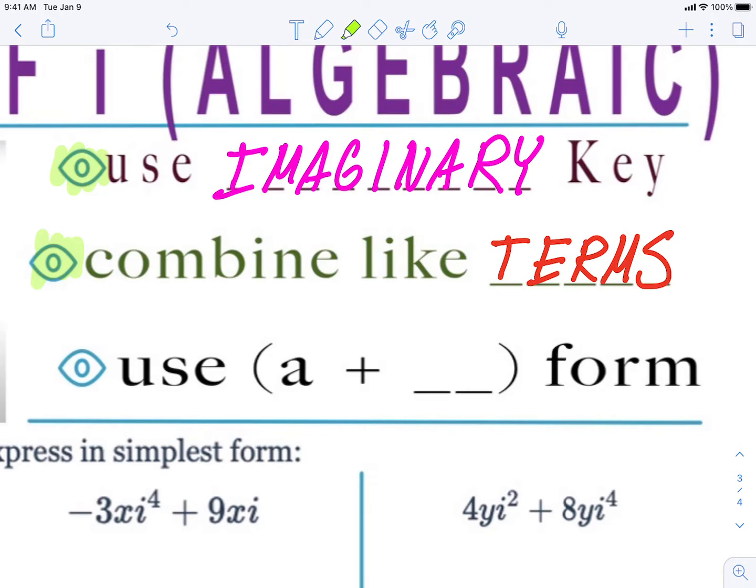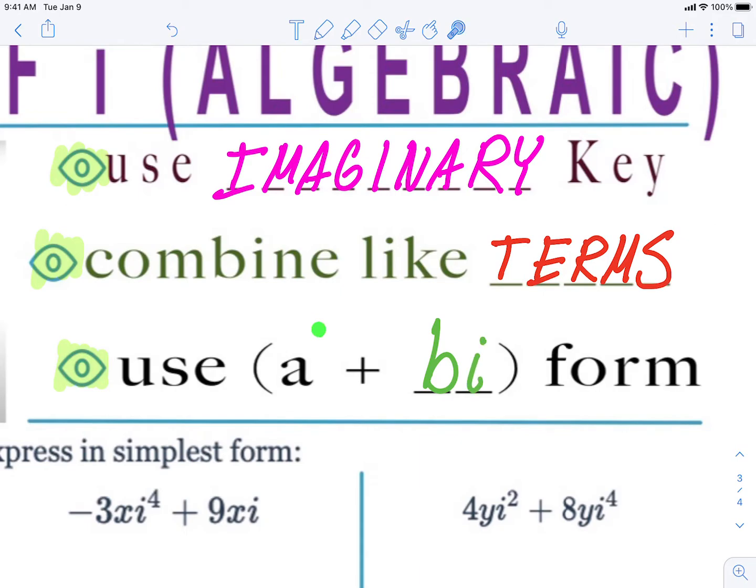And bullet point number 3 says use a plus blank form. What do you think? A plus blank form. You guys know what it is. A plus bi form, right?